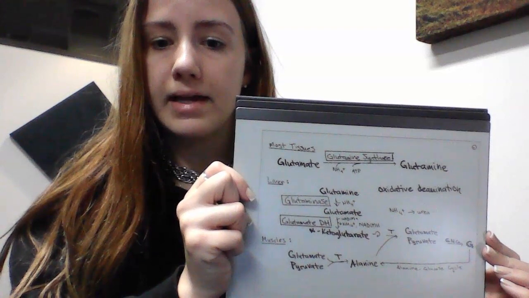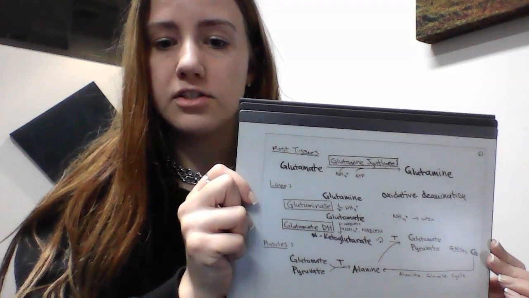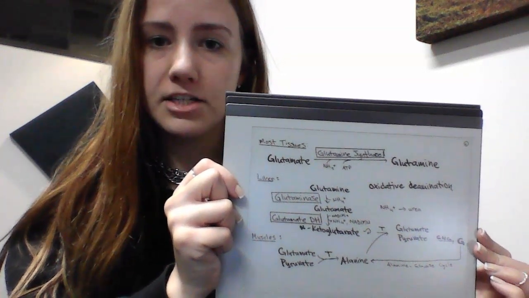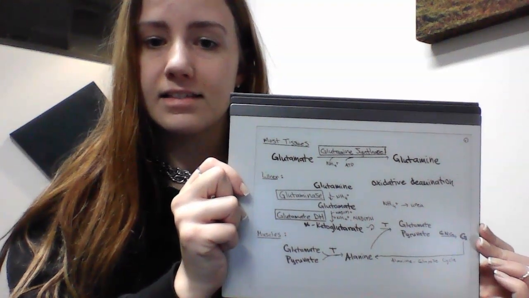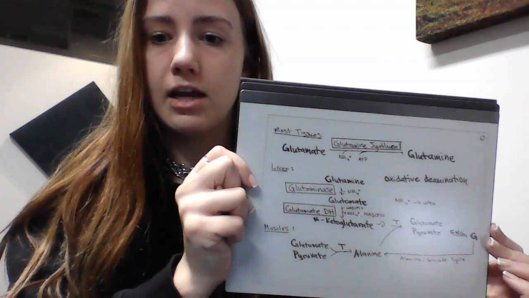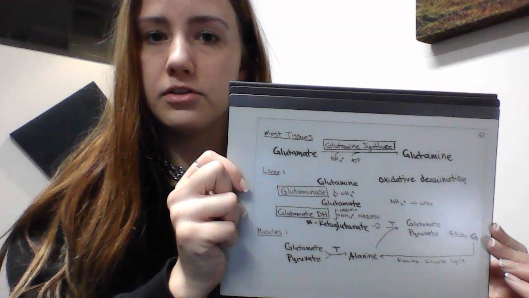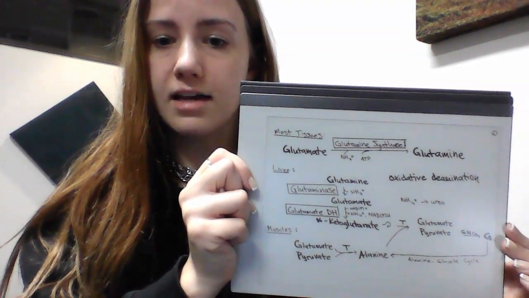And this glutamate is then deaminated once more to form alpha-ketoglutarate. This can also produce NADH or NADPH and utilizes the enzyme glutamate dehydrogenase. The excess ammonia is then excreted through the urea cycle as previously discussed.